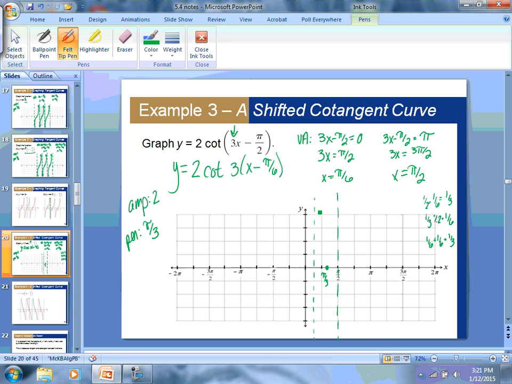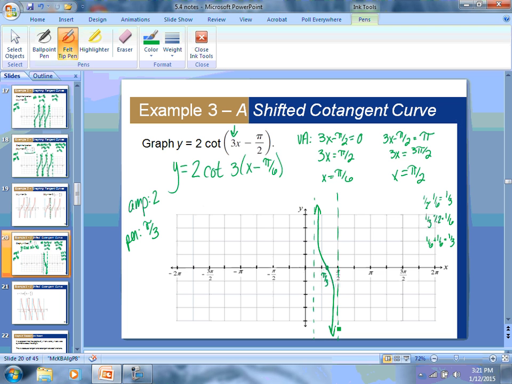And now I'm going to draw in my cotangent curve. So I'm going to start in the positives and come down, go through that halfway point, and then go to the negatives. Now we needed to stretch it a little bit. Maybe that looks like it's stretched, maybe not. Again, I'm not going to be real critical on grading that.